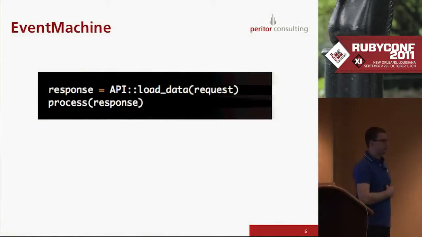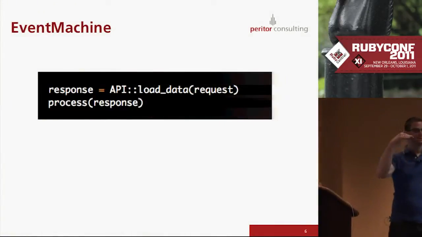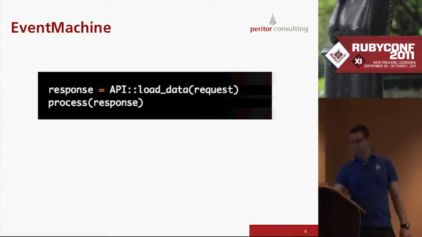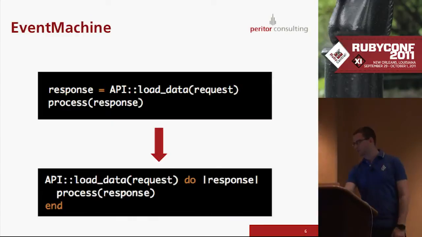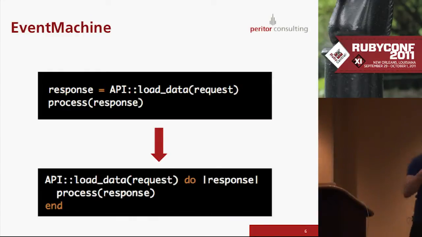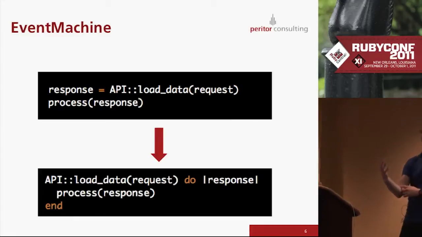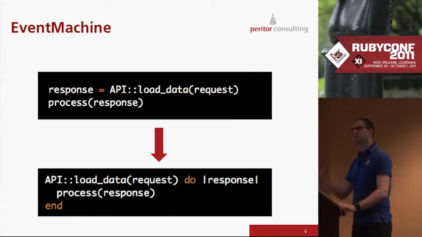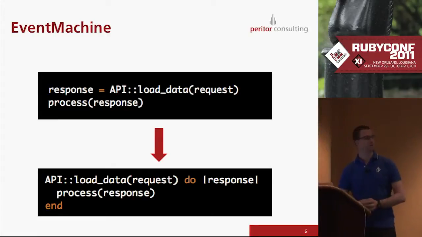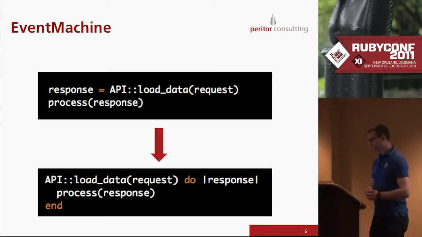The basic idea is turning synchronous, step-by-step, sequential code like this one into callback-oriented code, where I call a command and register a callback that will be called once the command is finished, and my code can move on. So it doesn't block on the load data call, and I get notified once the process is finished.